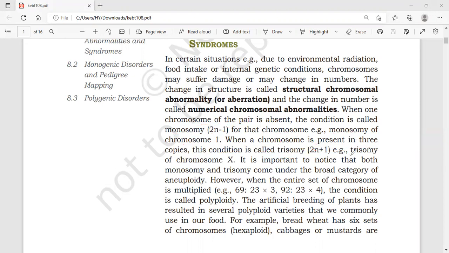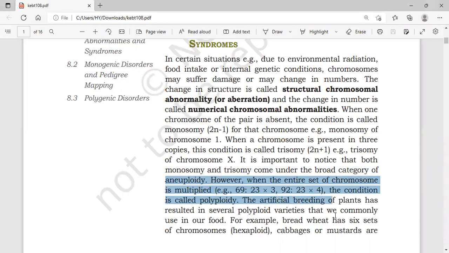So, trisomy of chromosome X. It is important to notice that both monosomy and trisomy come under the broad category of aneuploidy. Monosomy means one chromosome less and trisomy one chromosome more.